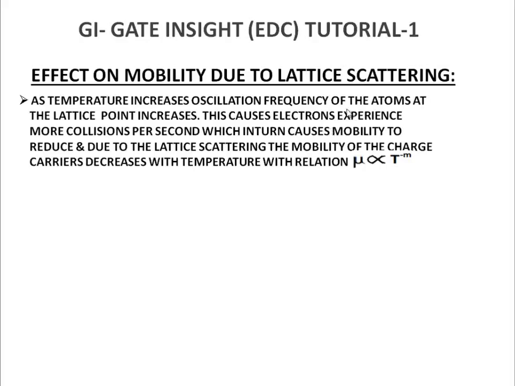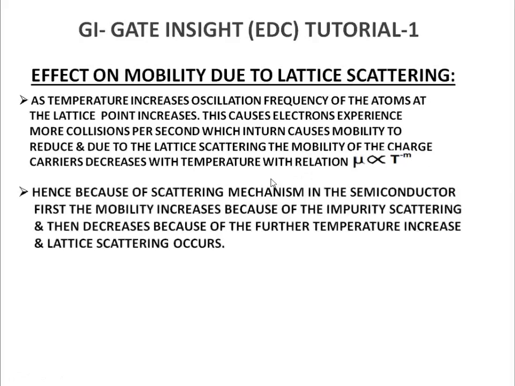As the collisions increase, the mobility reduces, given by mu proportional to T to the power of minus M. Remember that in impurity scattering, mu is proportional to T to the power of M. The mobility was increasing at that time, and now due to lattice scattering, the mobility is decreasing.